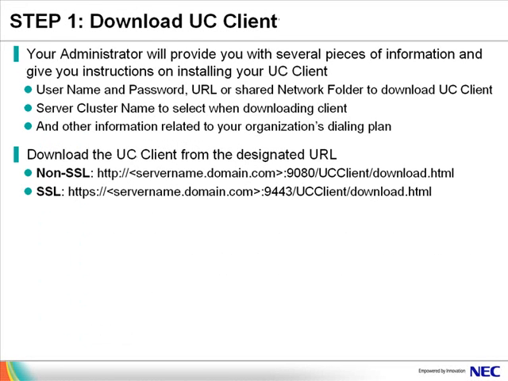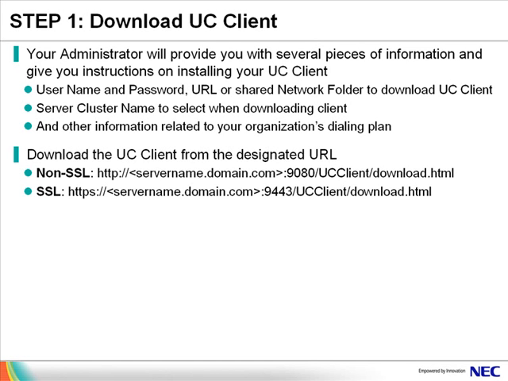So let's begin the installation. The way that happens in most cases is an administrator will send an email out to all of the users. In that email, he'll list the username and the password for that individual user, provide a URL, a web-based link to a location where the UC client can be downloaded and installed, or perhaps if they didn't want to use the web-based method, they could share a network folder, and then you would click upon the application to install it.